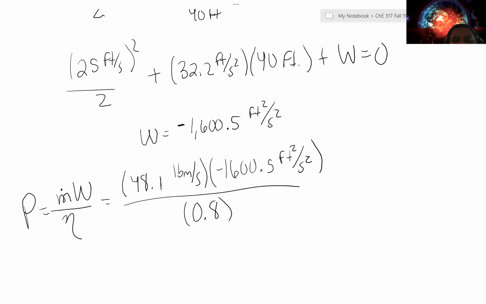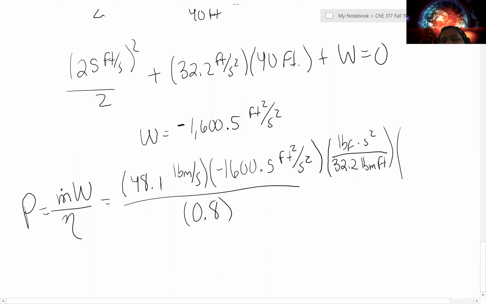Then one other thing I'll have to do, and then I'll be left with pound mass feet squared per second cubed, which tells me I need to divide by g sub c, or 32.2 pound mass foot per pound force second squared. And that will leave me in foot-pounds per second.